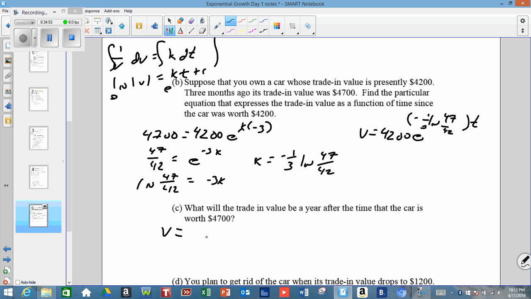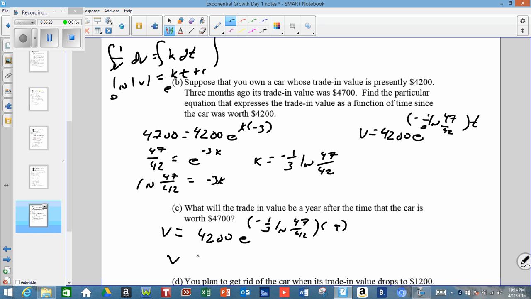So V is going to be 4,200 e to the negative 1/3 natural log 47 over 42. But the t value, again, because it is actually 9 months from when it was 4,200, is actually a full year from 4,700. We have to remember that the 4,700 was 3 months in the past.